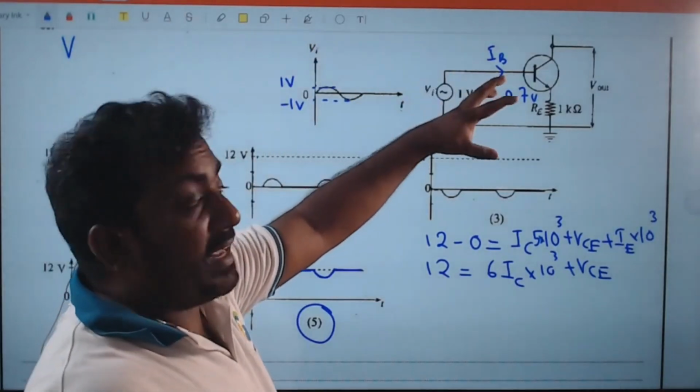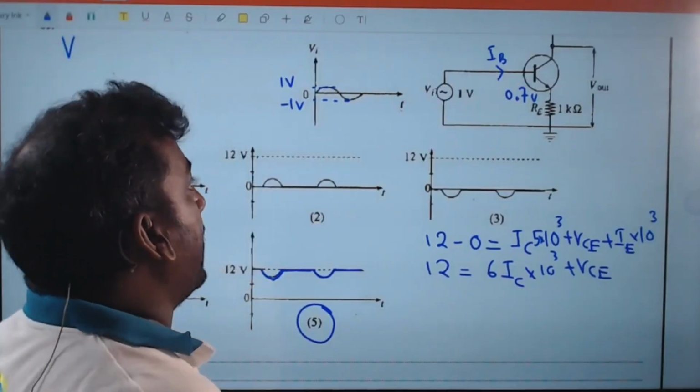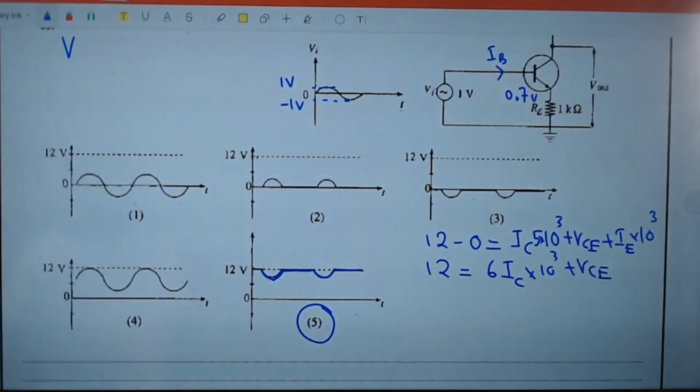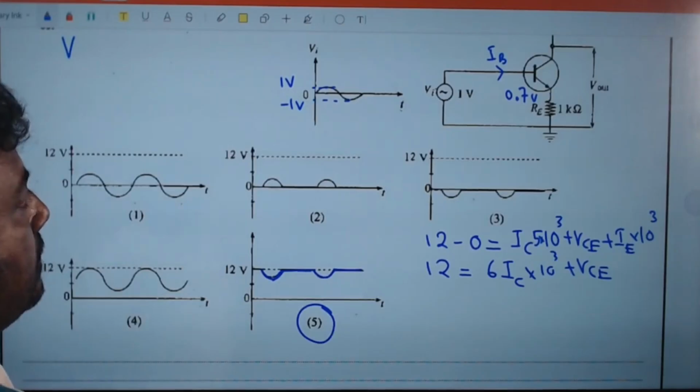And when amplification occurs, there will be a phase change of pi radians.